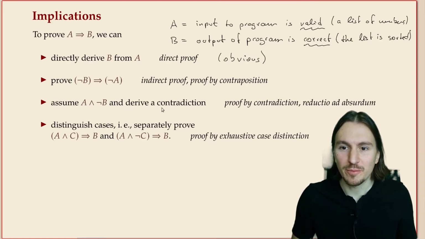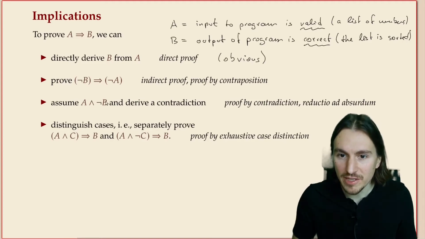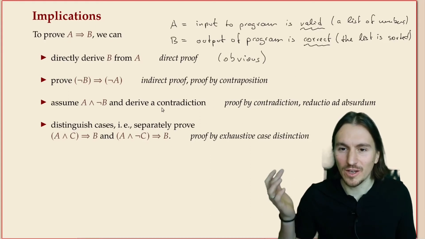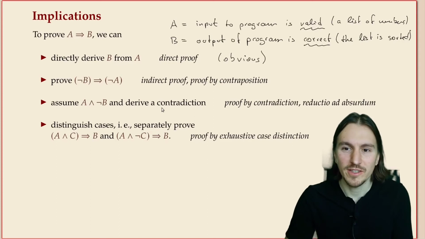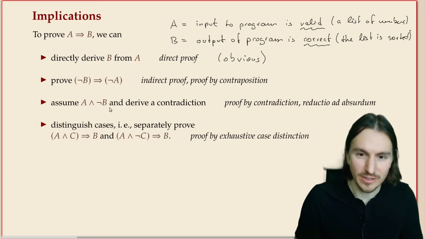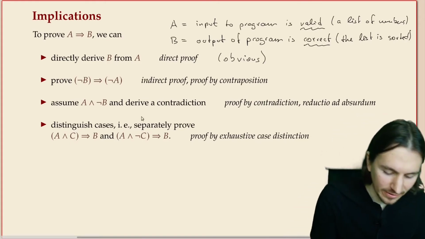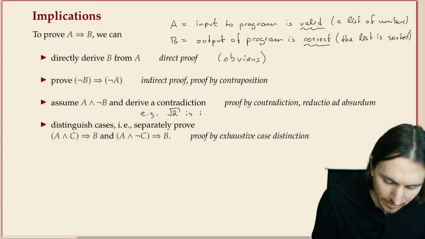Related is the proof by contradiction. That means you assume A holds and B is violated. And then you derive that this leads to a nonsensical statement. So classic examples in mathematics for this kind of proof are often that the square root of 2 is irrational.